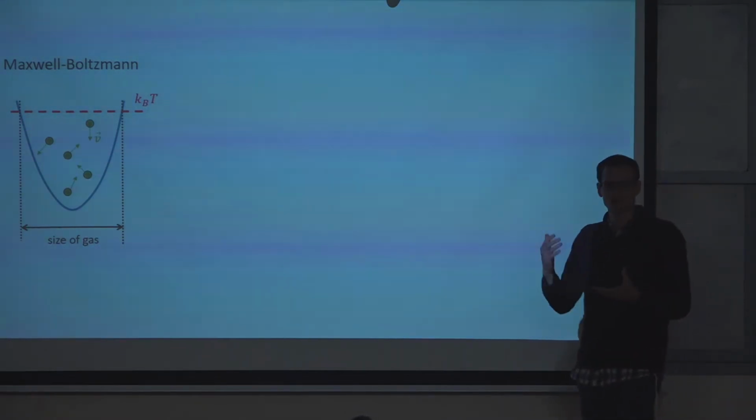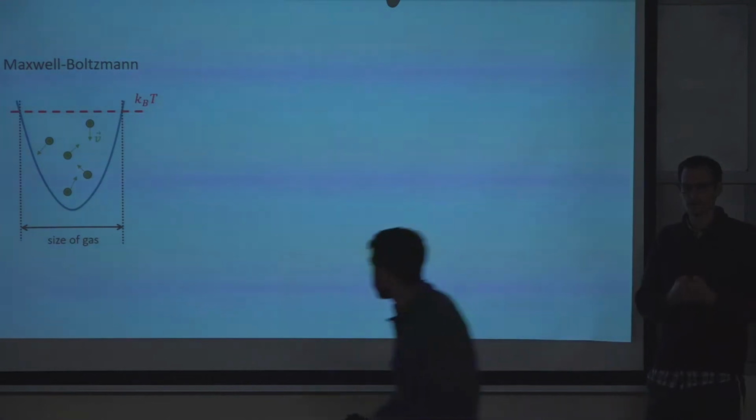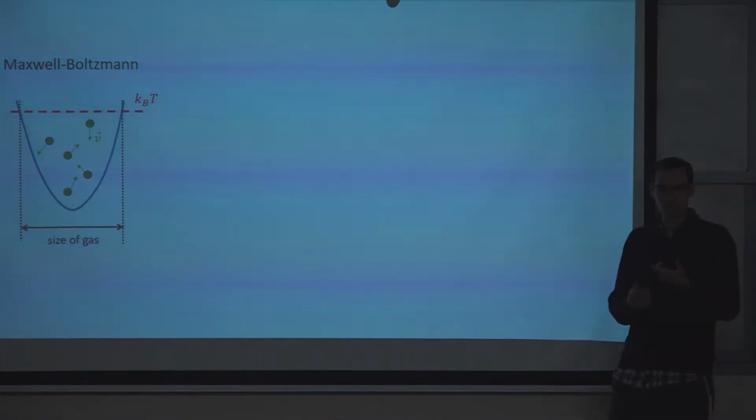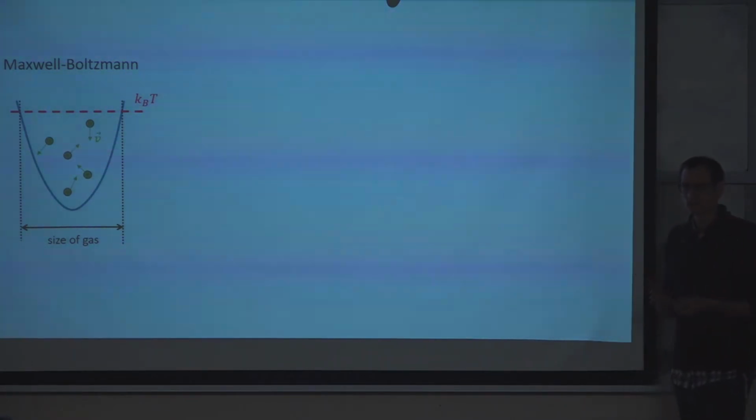Regular gas, when you cool it down, becomes a liquid and a solid, but these gases are so dilute that even at temperatures very close to absolute 0 Kelvin, so at temperatures of a microkelvin or a couple of hundred nanokelvin, they are still gases. And on the other hand, when you cool down a gas, the de Broglie wavelength becomes very large, so you see quantum phenomena inside a gas. That's the way to do it.